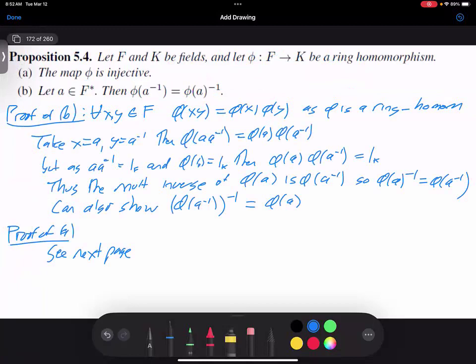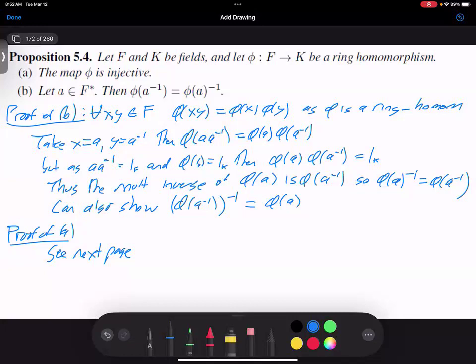If I don't need that property, then I could actually make this proposition about a more general class of functions. So almost surely I want to use all three properties somewhere. We've already used 2 out of 3. So probably we want to use the third property, that it has nice behavior with respect to addition.